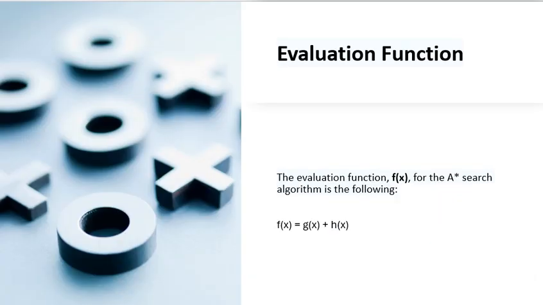The evaluation function for A-star search is given by f(x) = g(x) + h(x), where g(x) is the cost to get to that node x, and h(x) is the heuristic that this node represents. You will see shortly how this works.